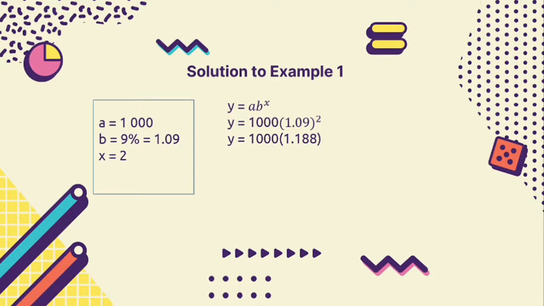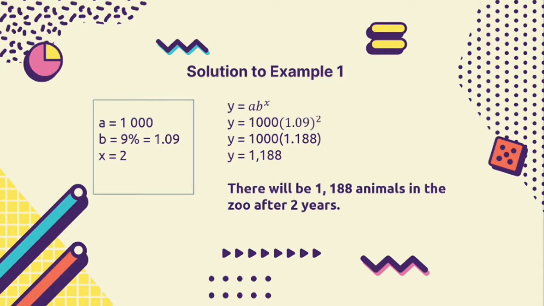So, y equals 1,000 multiplied by 1.188 equals 1,188. So, there will be 1,188 animals in the zoo after 2 years. So, let's proceed to the next example.